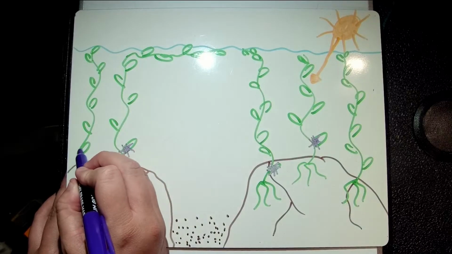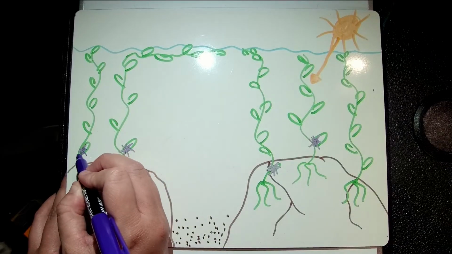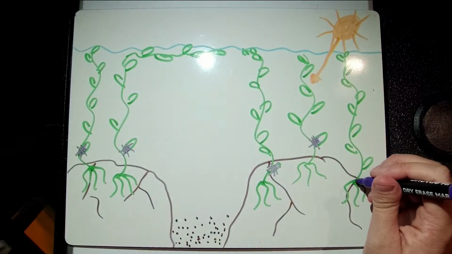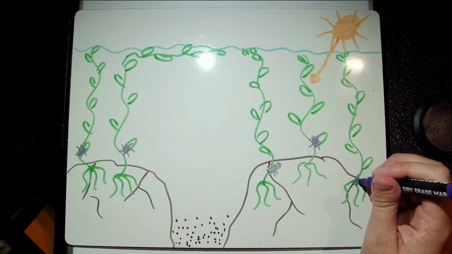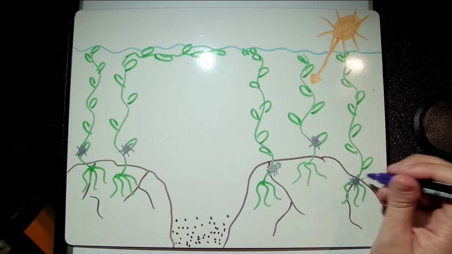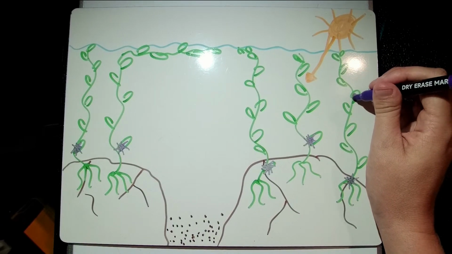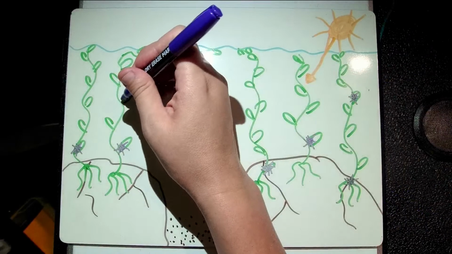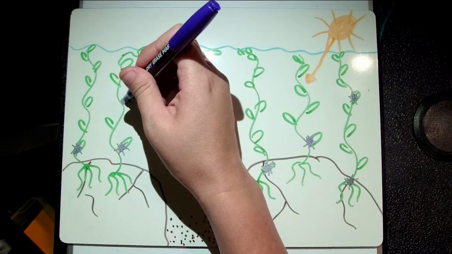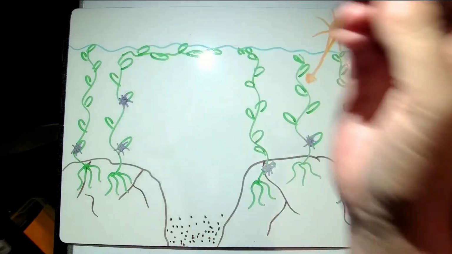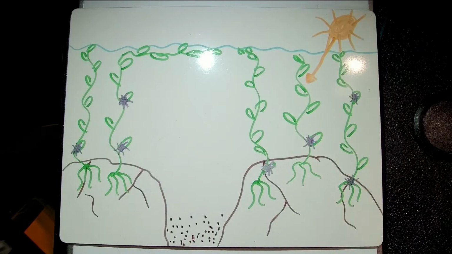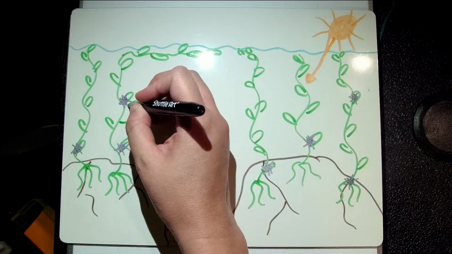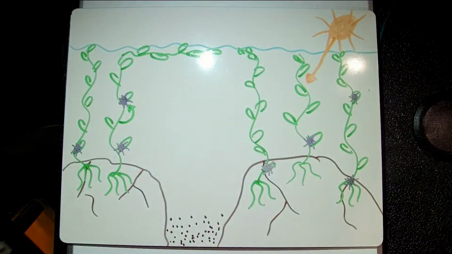So I'm going to draw the purple urchins, and I'm drawing them on the kelp or on the holdfast because they're going to be eating. Okay. Whoa, starting to get a lot of urchins over here. And so energy from the kelp is going to the urchin.